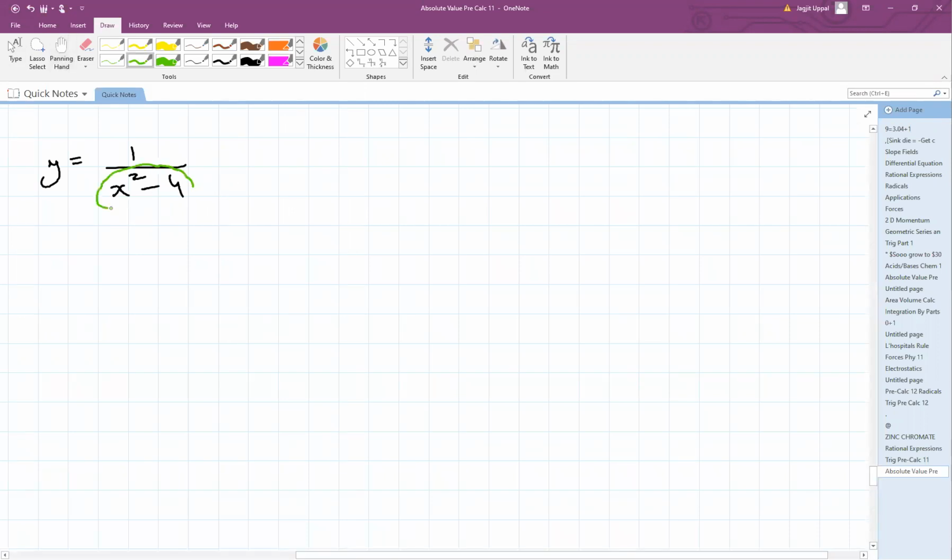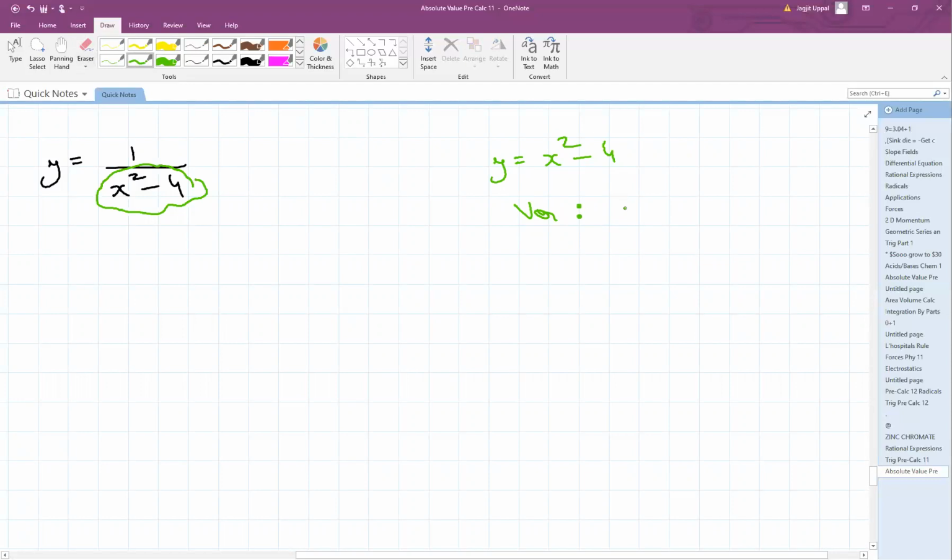You're just going to graph the bottom. Now this is quadratic. Sean, how do we graph the quadratic? The vertex. Okay, what's the vertex?